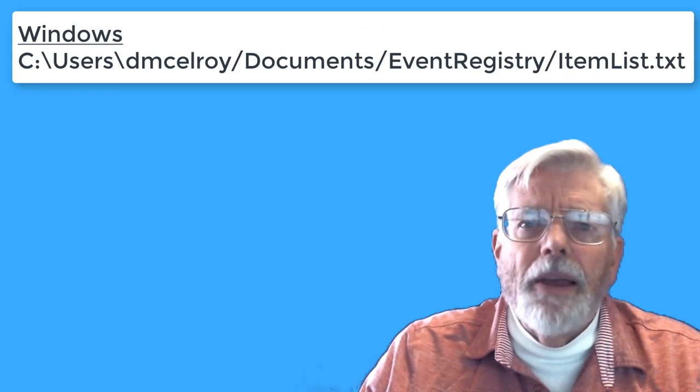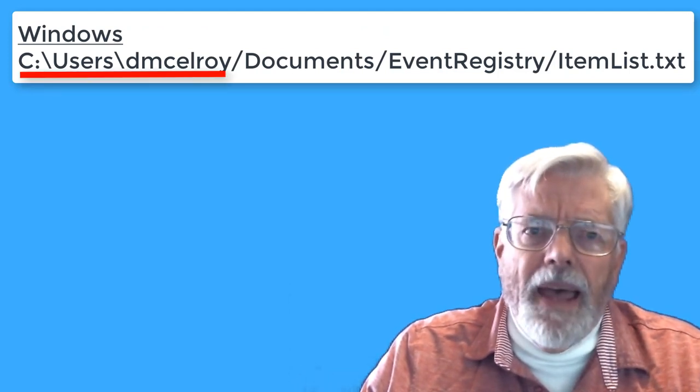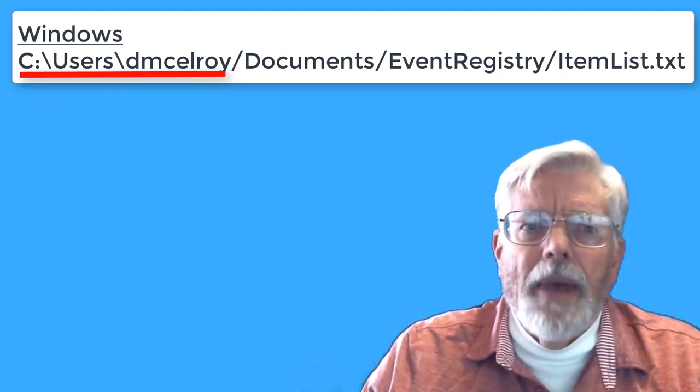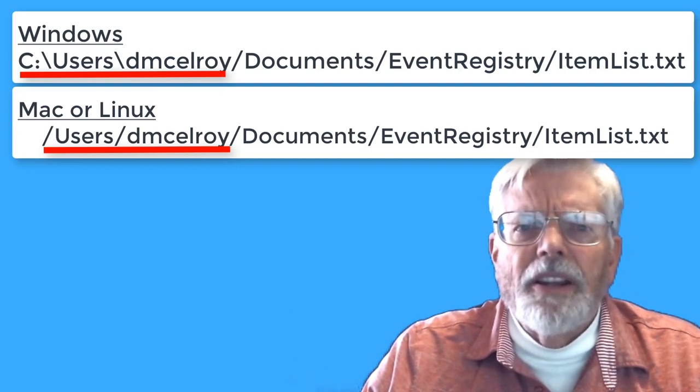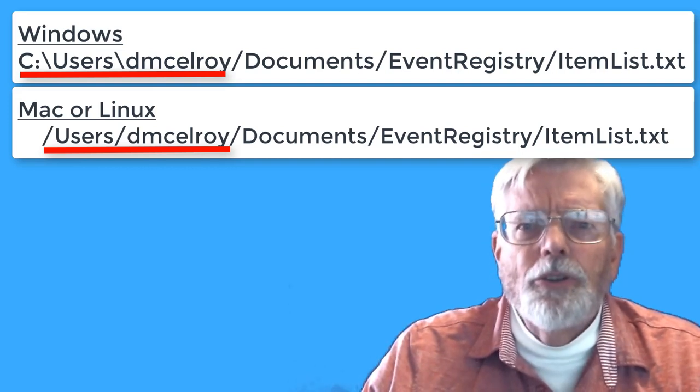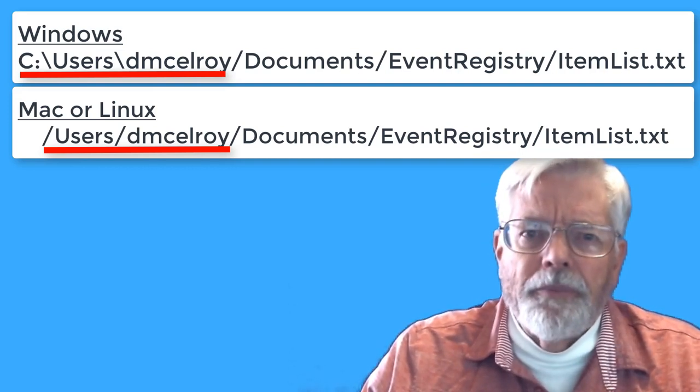On a Windows system, my home directory is /users/D McElroy. On a Mac or Linux system, for me, it is /users/D McElroy.